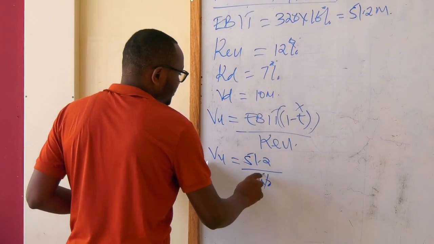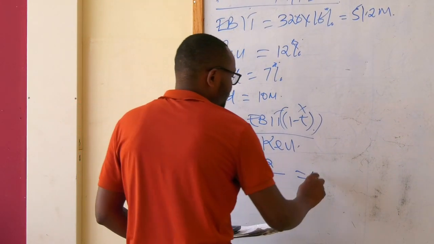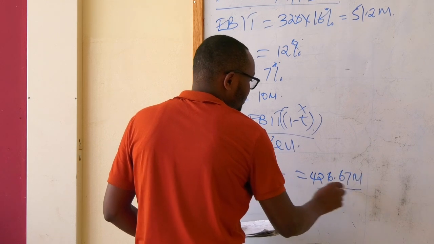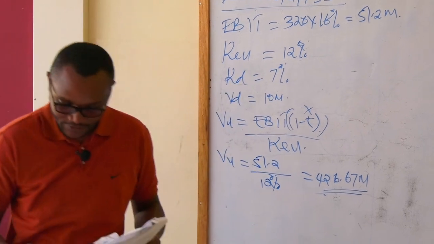Don't forget, it may affect your calculation so much. So you're going to get 426.67 million. That's all. Simple, very simple.